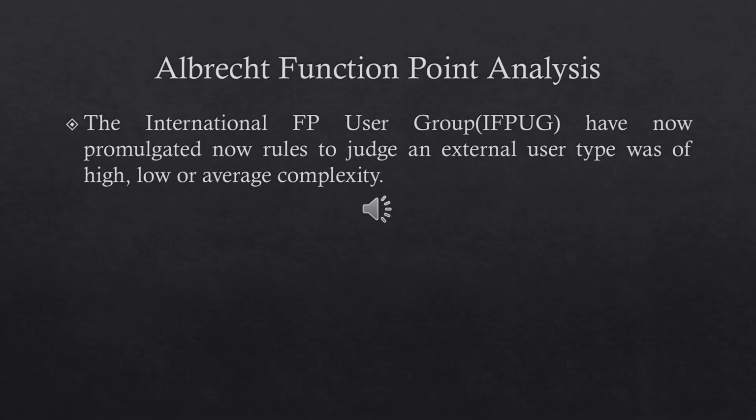The International Function Point User Group, shortly known as IFPUG, has now promulgated rules on how this is assessed. How an external user type is of high complexity, low complexity, or average complexity, how this can be assessed.